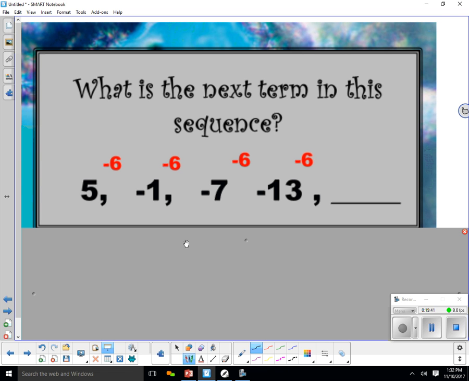Jacob? Oh. Benji? -19. Because the common difference was I was adding -6 each time. So negative 13 plus negative 6 would have given me negative 19. Okay?